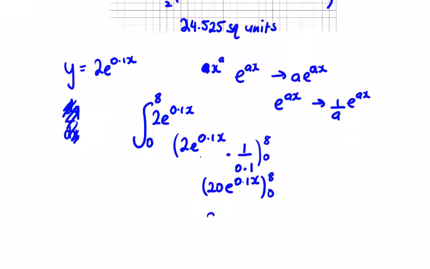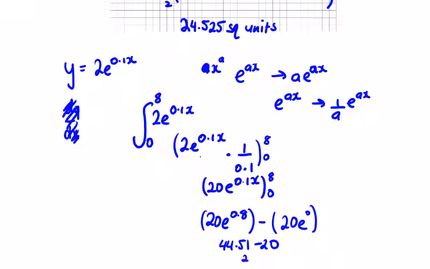So this is just two values. It's 20e to the power of 0.1 by 8, 0.8, and then minus 20e to the power of 0, which is 20. So I'm getting 44.51 for this one. Minus 20 is 24.51, or 24.5 square units, correct to 1 decimal place.